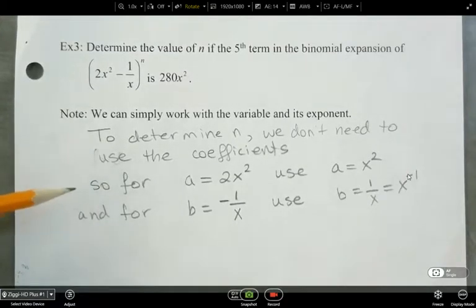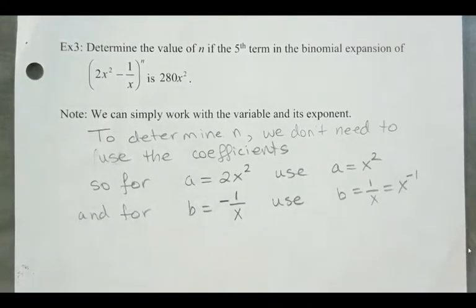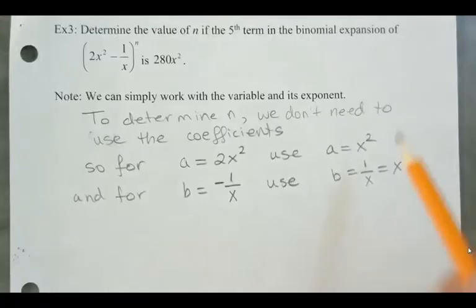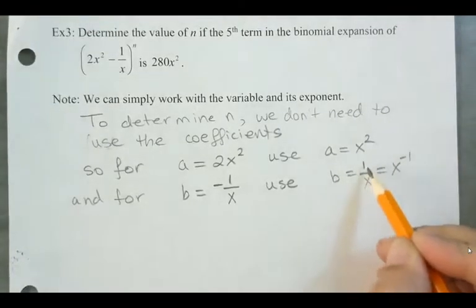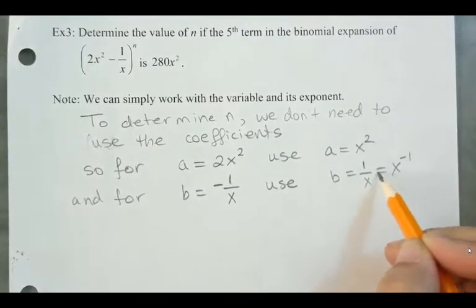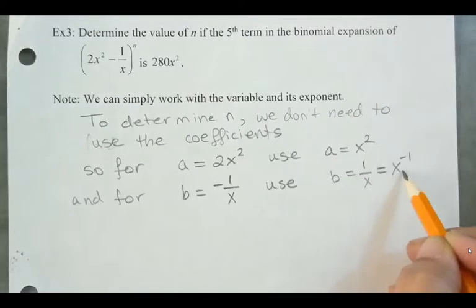So for a equals 2x^2, we only need to use x to the power of 2. And then for the b value, which is negative 1 over x, you can just use the variable portion. So it's 1 over x, and in exponent form we write x to the power of negative 1.